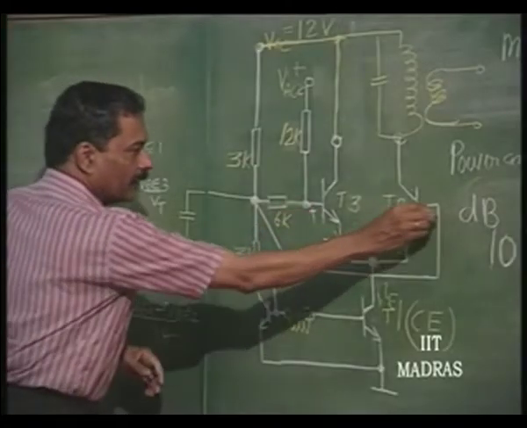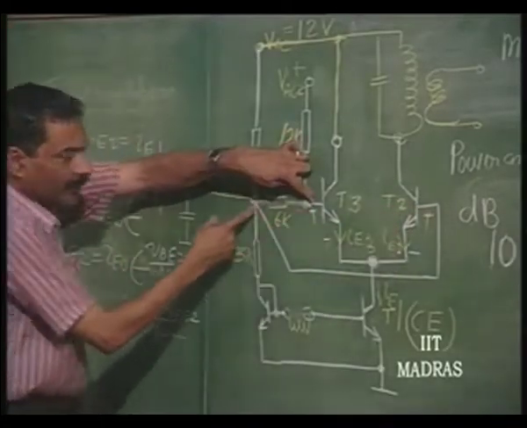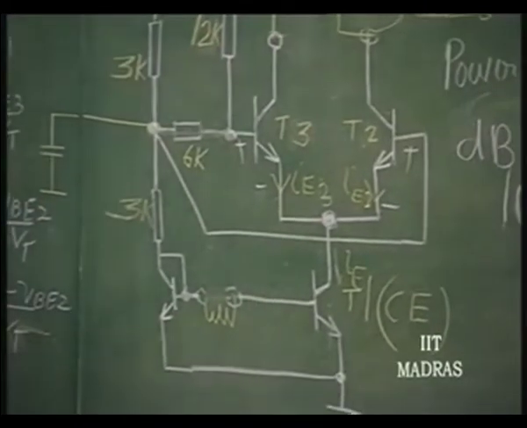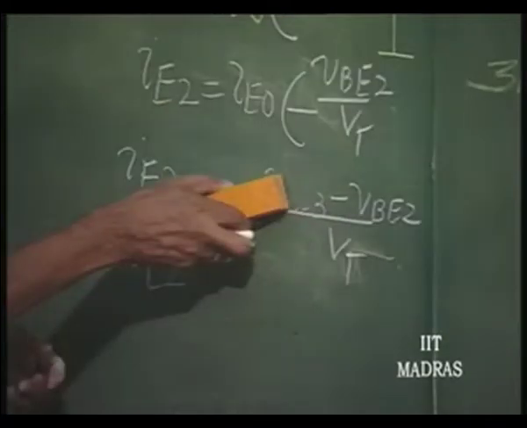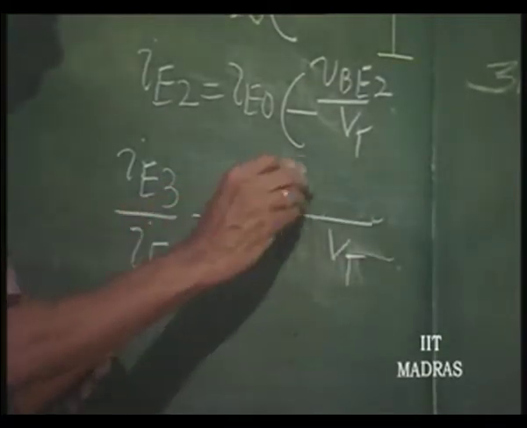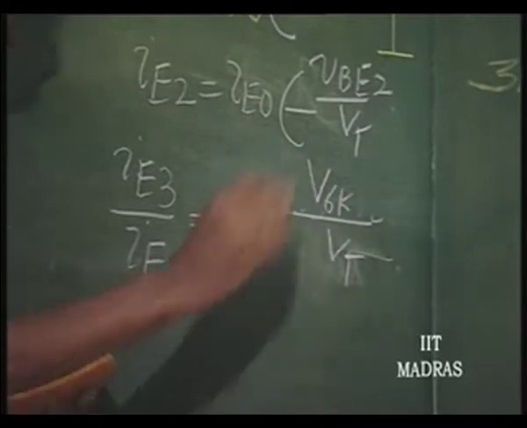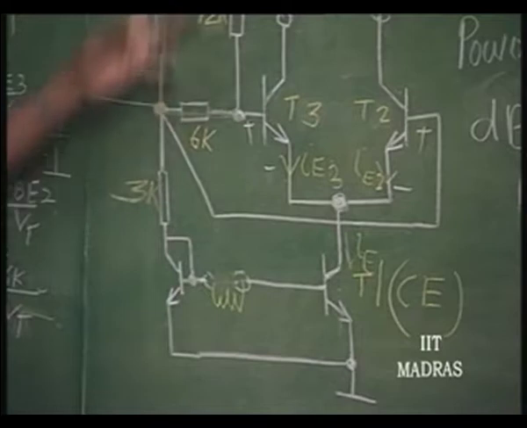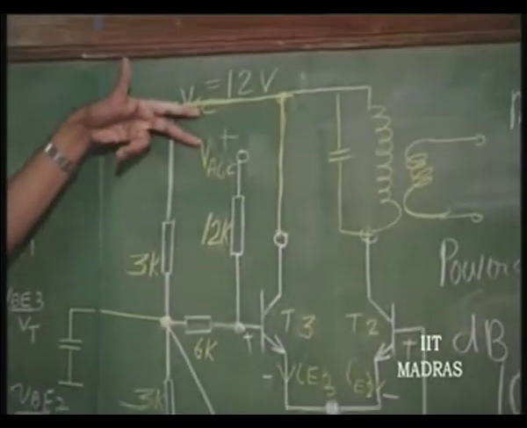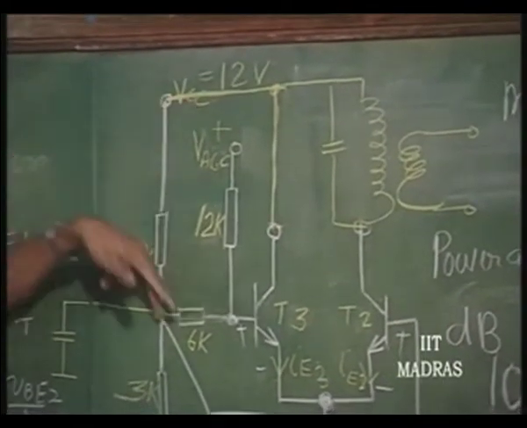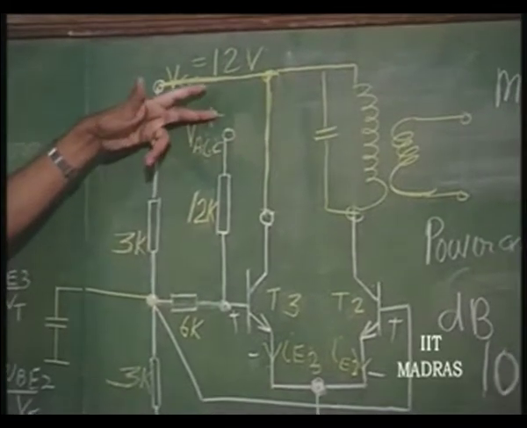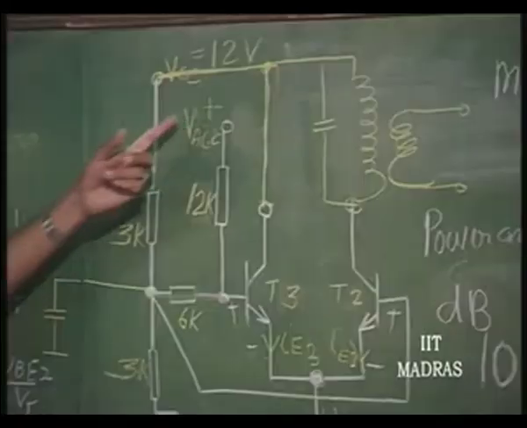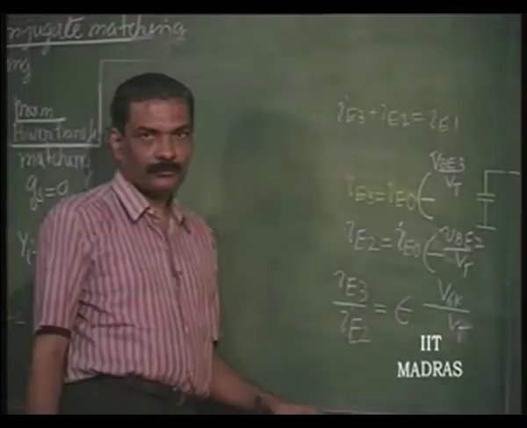This voltage minus this voltage, which is the voltage across 6K. And voltage across 6K is governed by voltage VAGC with an attenuation factor. So, voltage across 6K is governed by how VAGC is varied.